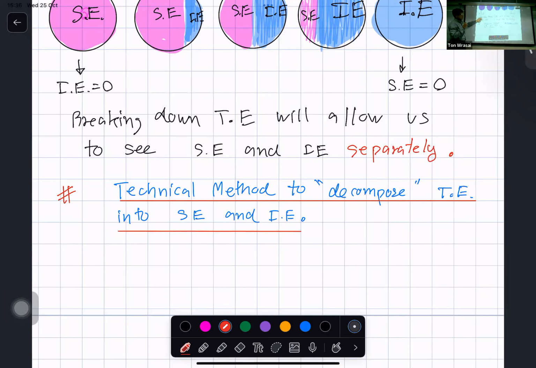A technical method to decompose, to break down the total effect into substitution effect and income effect.